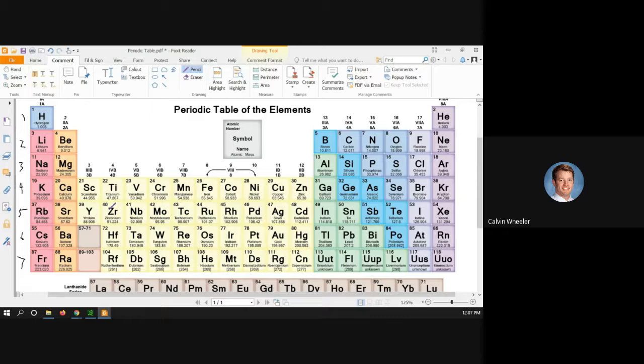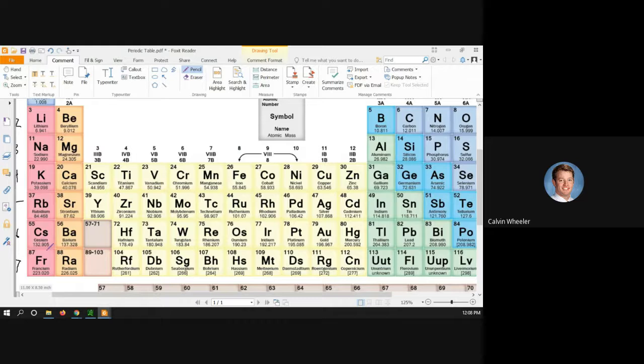Just because I'm describing the outermost electron doesn't mean that all the other electrons aren't important, nor does it mean that they're absent. If I'm describing, let's say, barium, atomic number 56, its outermost electron is in the 6th energy level. It's going to have 56 electrons, though. It just happens to be that the 56th one is in the 6th energy level. Also, the 55th one is in the 6th energy level.